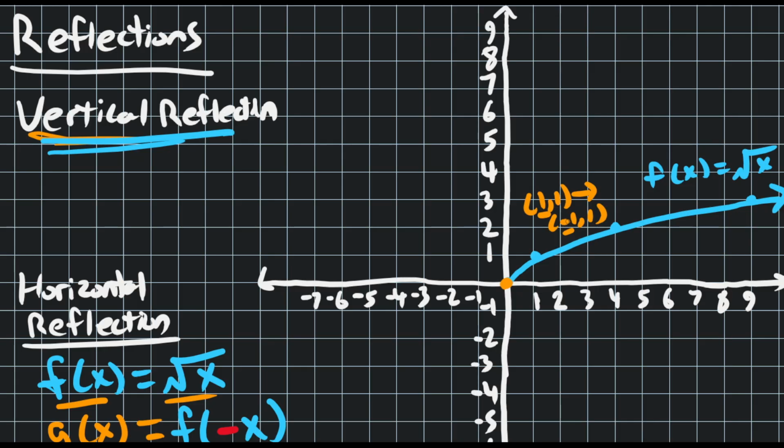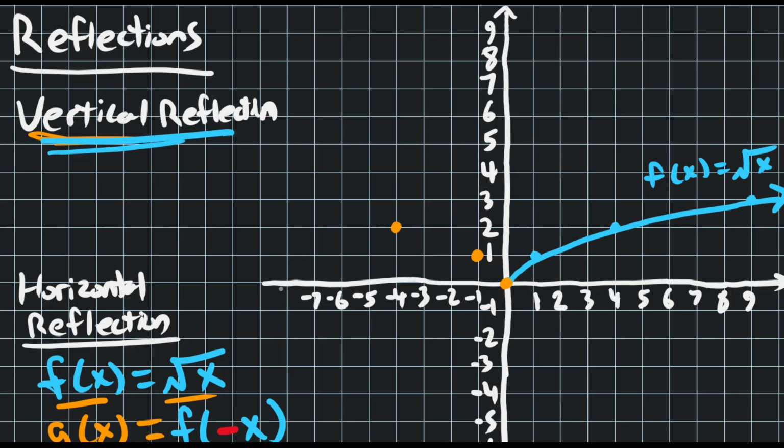In a horizontal reflection, we flip the sign of the x-coordinate, and in a vertical reflection, we flip the sign of the y-coordinate. So (1, 1) becomes (negative 1, 1), (4, 2) becomes (negative 4, 2), and (9, 3) becomes (negative 9, 3). Let me expand this.